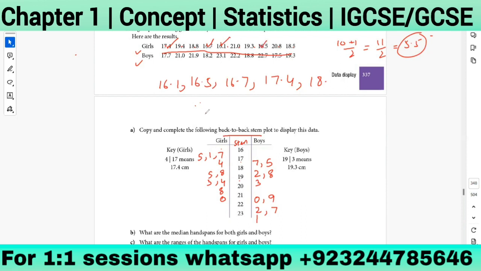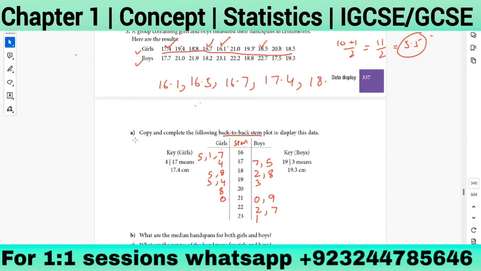Arrange the data; in the table also the data is not arranged, you can arrange it. If you can arrange the data in the table, it's much better. Then it would be 1 over here, 5 over here, 1, 5, 7, 4, then 5, 8, 3, 4, 8, 0. Yes, that's correct.